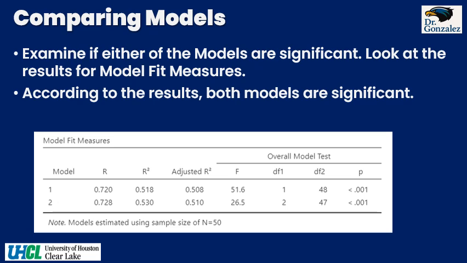And when we run our test in Jamovi, we're looking to see if either of the models is significant. So we're going to look at the model fit measures. According to the results, both models are significant. I have model 1 and I have model 2. But look at the difference.